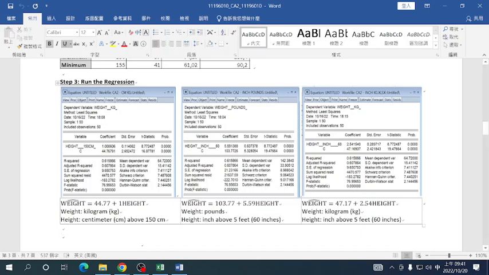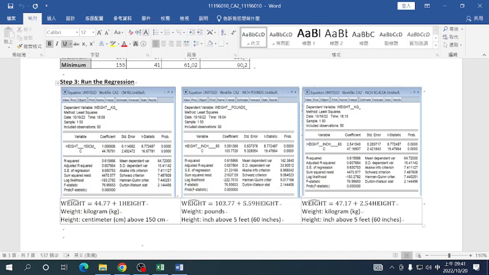Let me use a different notation for these coefficients, okay? So this will be alpha 0, then alpha 1 X plus epsilon 2. Did you see the difference?